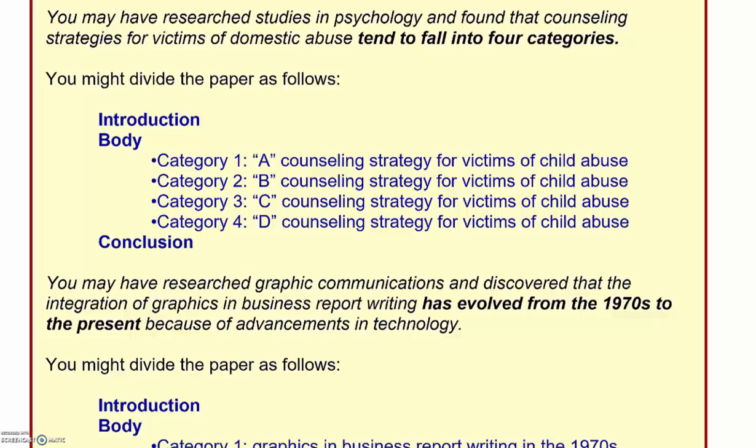Category 2, Strategy B. Category 3, Strategy C. Category 4, Strategy D. So essentially, each of those 4 categories you uncovered is going to define the 4 major sections of your paper. And again, within each of those major sections, you're going to have multiple paragraphs, and you'll be integrating more than one source in order to discuss those different categories of counseling strategies.